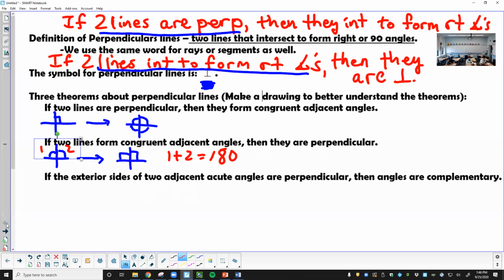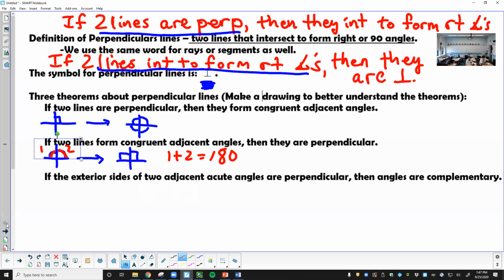Well, what do we know about 1 and 2? What do you think, Matt? They must be, what do those symbols mean? They're more curved, so we're talking congruency here, right? Those two angles are given to be congruent, right?